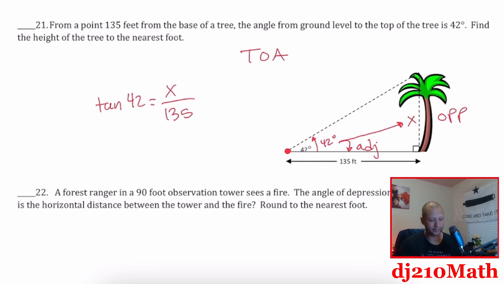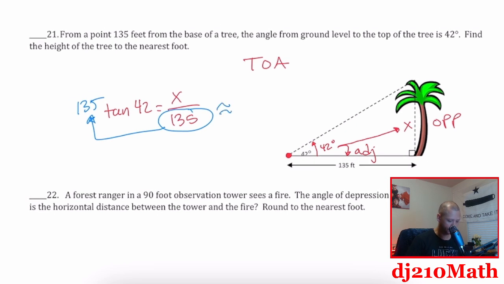Now, the variable's in the top, so we know how to handle this. Take this number and move it up front and then go to the calculator. 135 tangent 42 is 121.5, so we could round this up to approximately 122 feet.